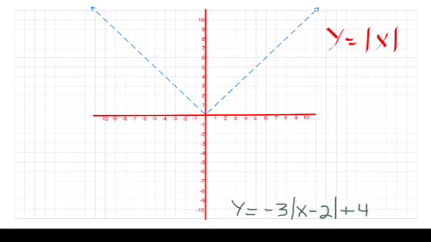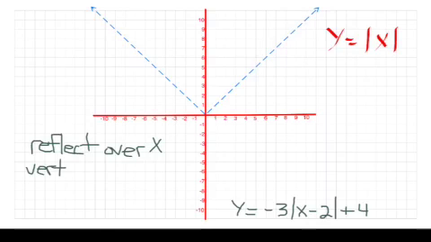So the effect we would have here is the first negative that we see in front would have the effect of reflecting, and it would reflect over x. The second thing we see is the 3. That would be a vertical stretch of 3.